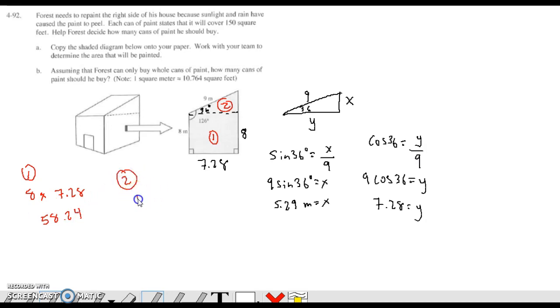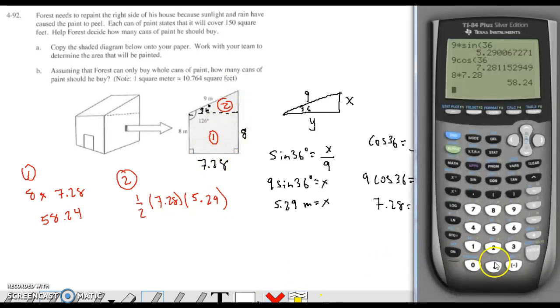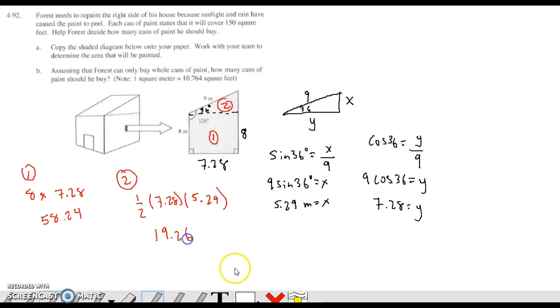My second area is a triangle, so I'm going to say 1/2 times my base, 7.28, times my height, which is 5.29. So 0.5 times 7.28 times 5.29 gives you about 19.26. I'm going to round, so 19.26.